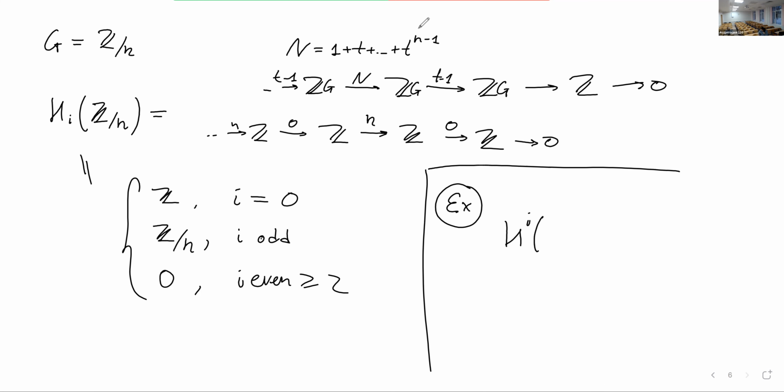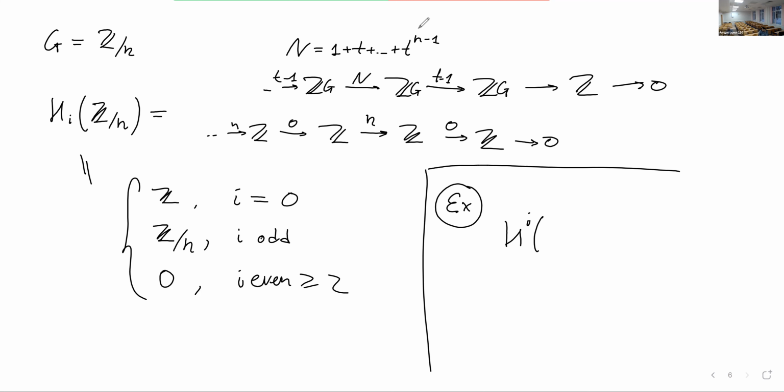You can just use the universal coefficients. Well, yes, actually, it's one way to look at it. We use the universal coefficient theorem, which allows us to deduce everything from homology.